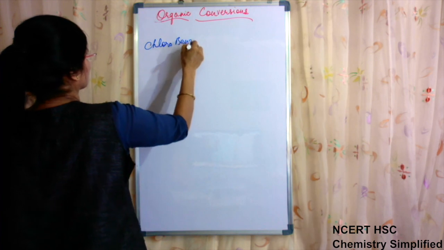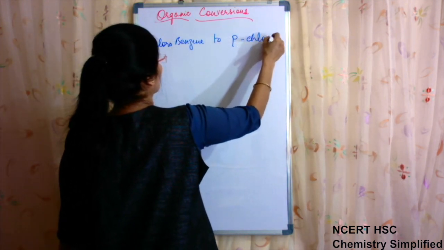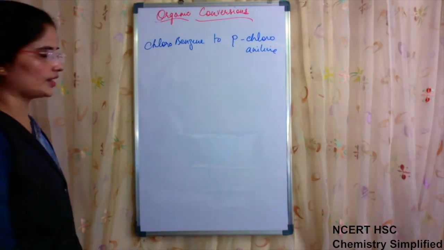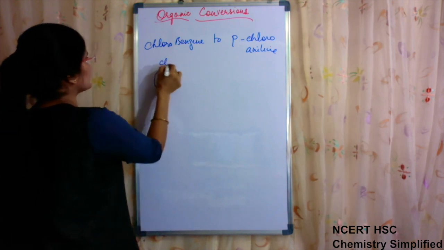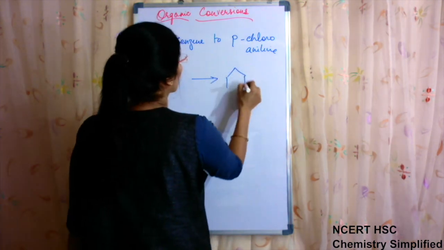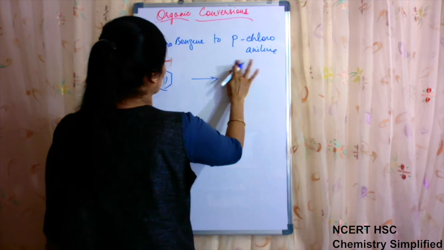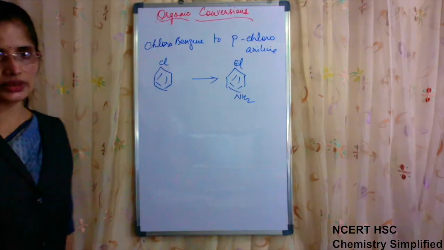Chlorobenzene to parachloroaniline. It's very simple actually. This is chlorobenzene, and what we want is parachloroaniline.